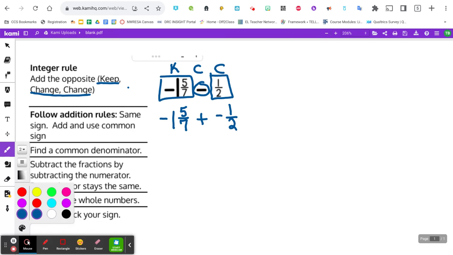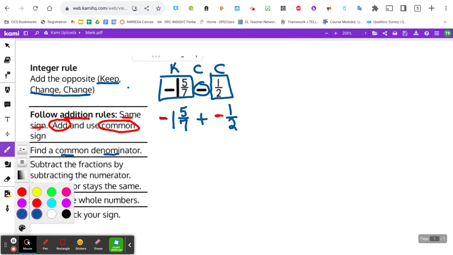Okay, so our next step is going to be to follow the addition rules. And since we are adding a negative and a negative, these numbers have the same sign. So our rule is to add them and use the common sign. So before I'm able to add, I'm going to have to find a common denominator.